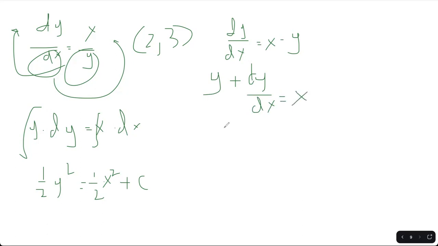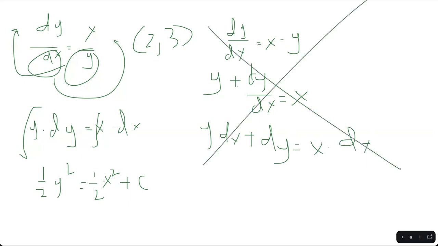And then when you multiply by dx, you also have to multiply this term by dx. Since it's now multiplied to dy dx, it's added to dy dx. So it'll become y times dx plus dy equals x dx, which just looks horrible. That is not valid separation of variables. So this is inseparable, and therefore we cannot solve this differential equation.